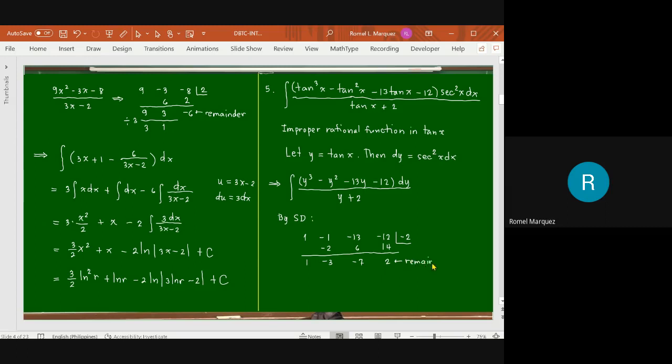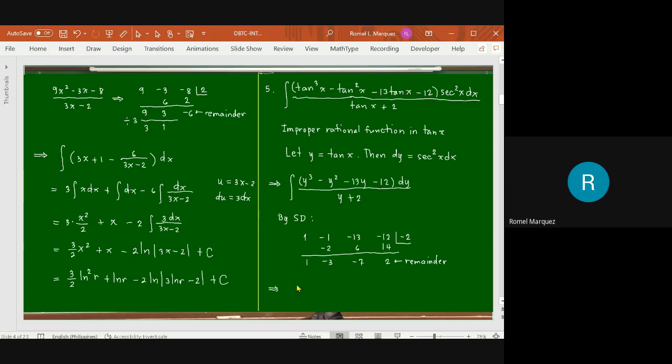The degree of the quotient is 1 less than 3, so that is 2, because the denominator is linear. When a cubic is divided by a linear, the result is quadratic.